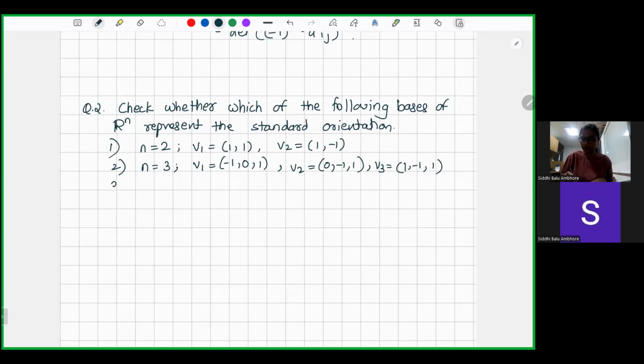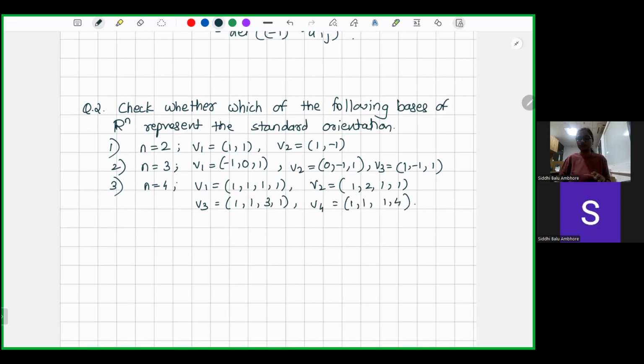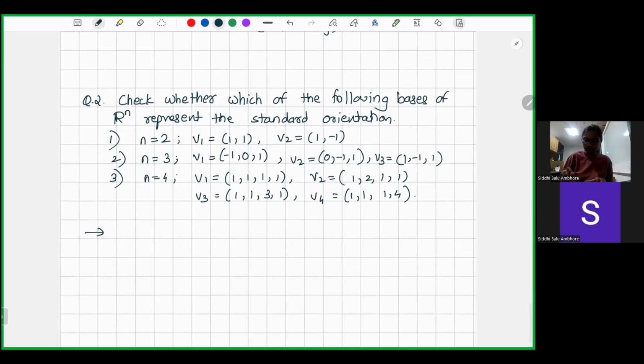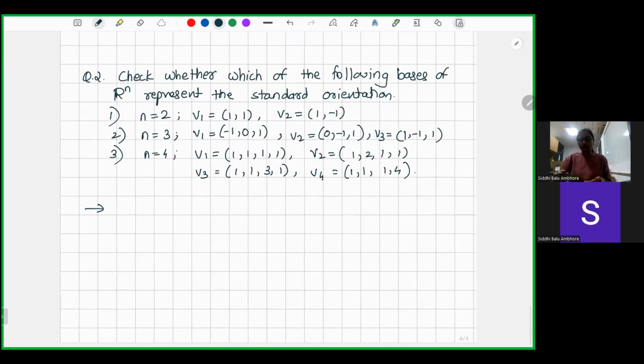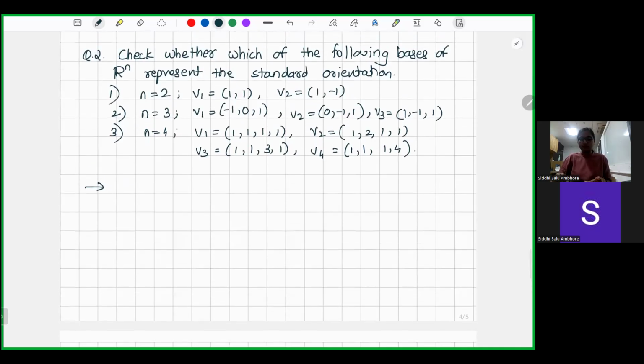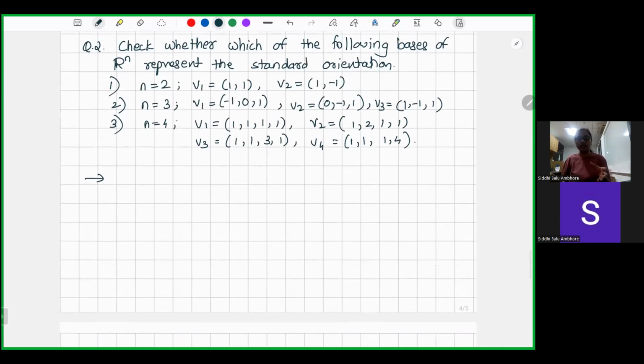And third is n is equal to 4, v1 is (1, 1, 1, 1), v2 is (1, 2, 1, 1), v3 is (1, 1, 3, 1) and v4 is (1, 1, 1, 4). So this is what is asked.